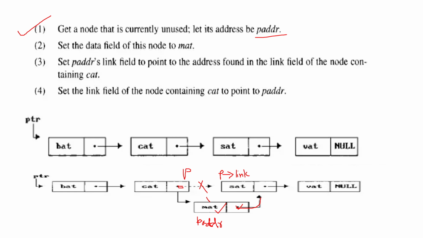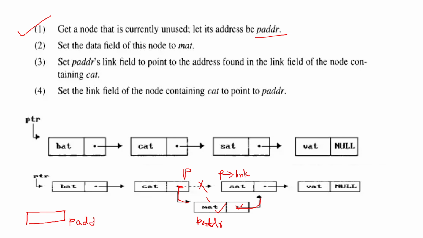For that I should hold the address of the newly created node here. With this you can add a node at the specified place. Now to add a node in this place, first of all I should get a new node. That new node's name is PADD.